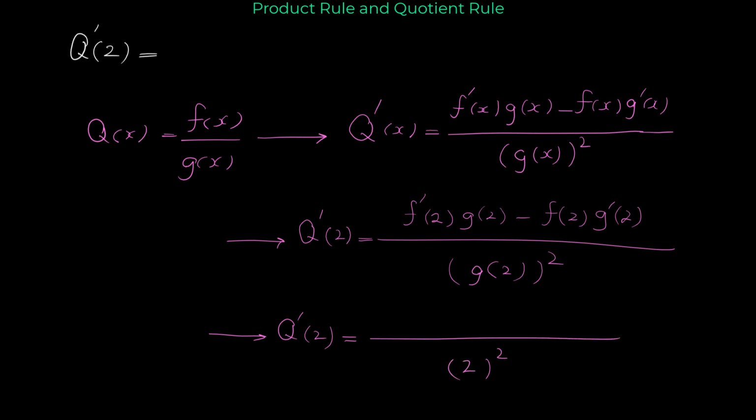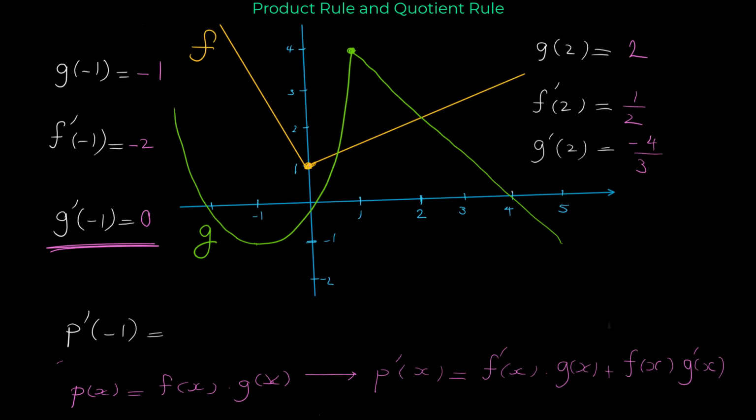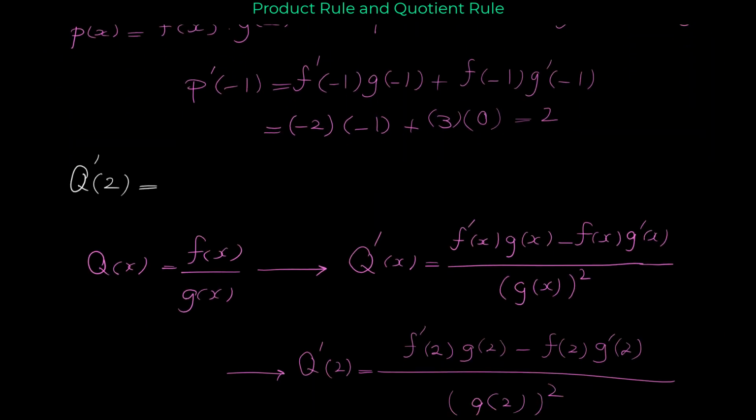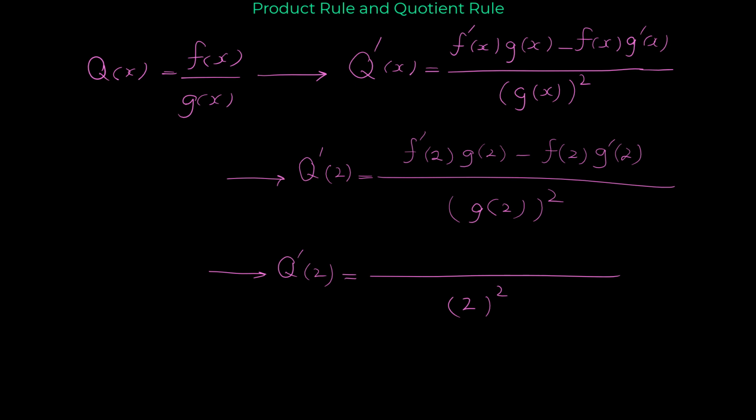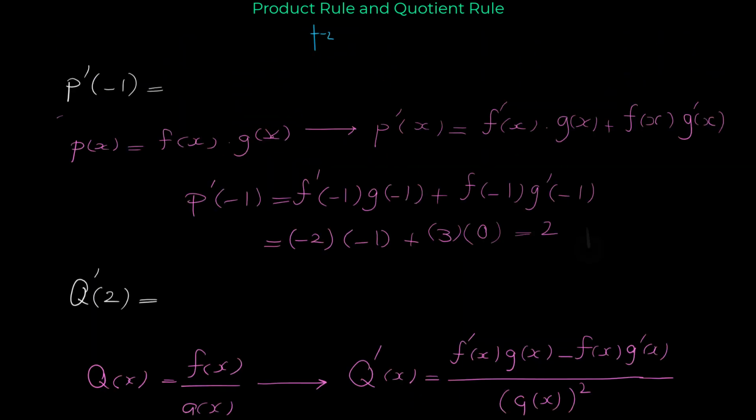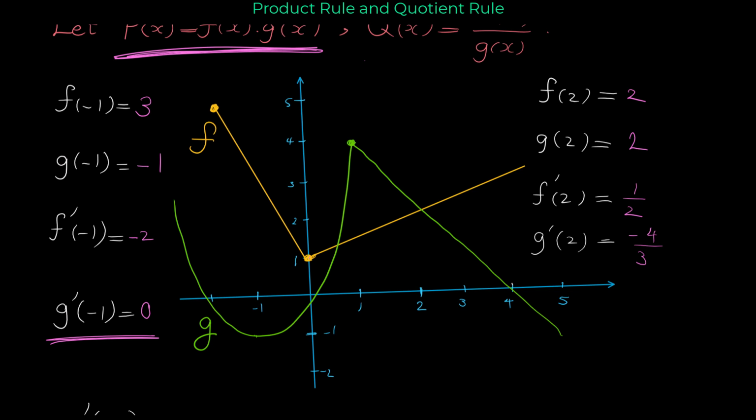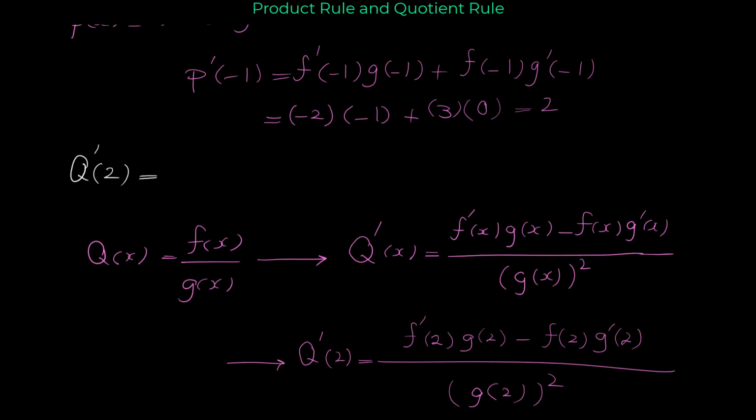But what was f prime of 2? F prime of 2 is 1/2. So we have 1/2. G of 2 is 2 minus f of 2 is also 2 times g prime of 2. G prime of 2 is -4/3.